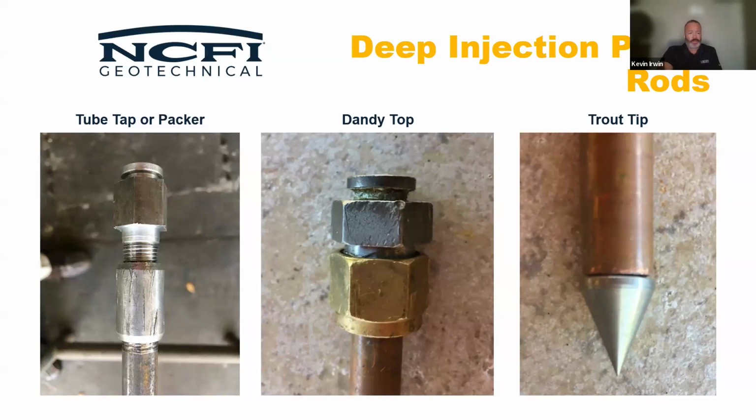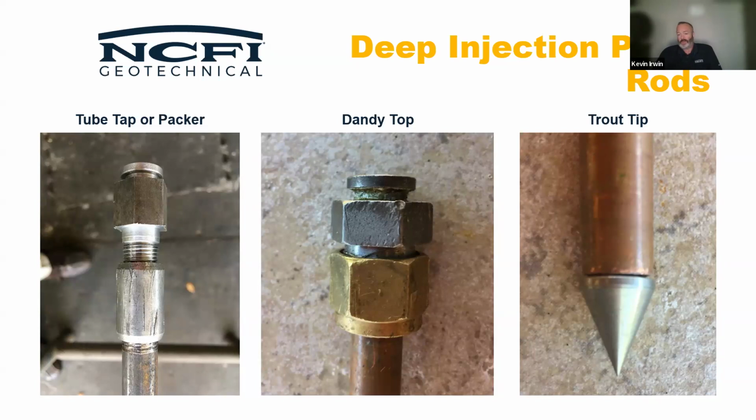Some of the specialized tools are tube taps, or a packer injector that's screwed into the top of a tube. That works. We have compression fittings as well to connect the guns, and driving tips. Now, all of these are optional. They're typical of what we would recommend here at NCFI Geotechnical, but they are optional.